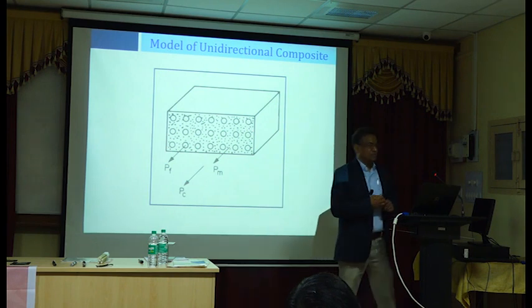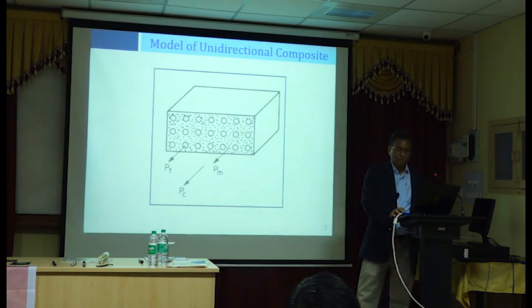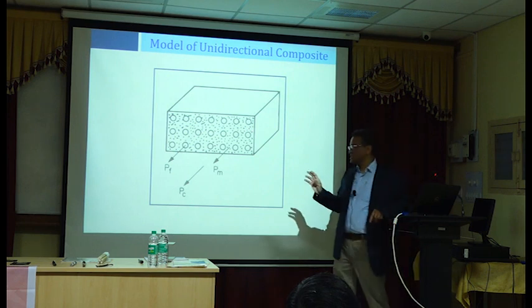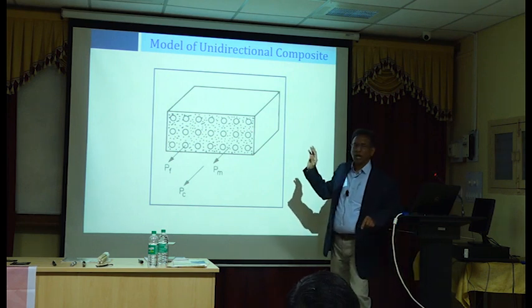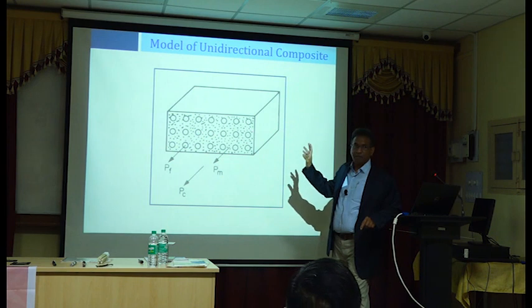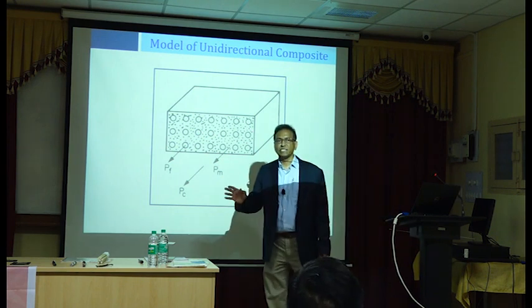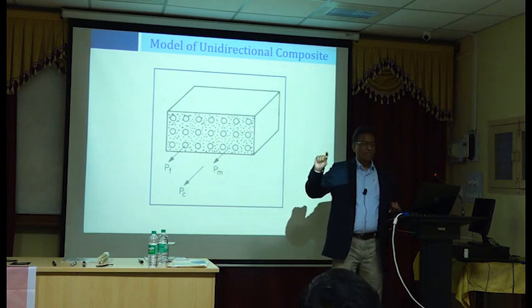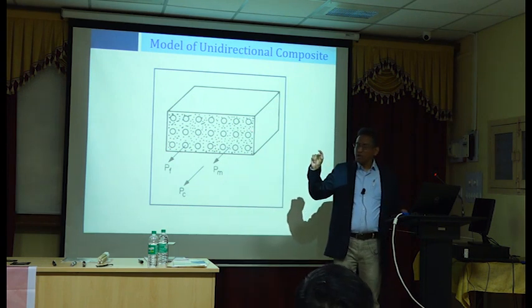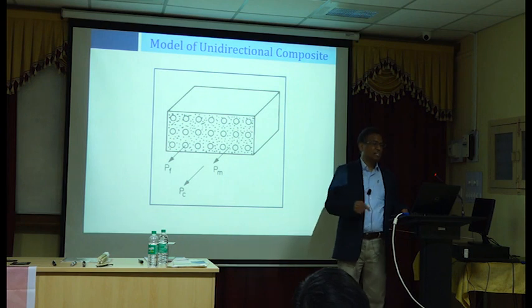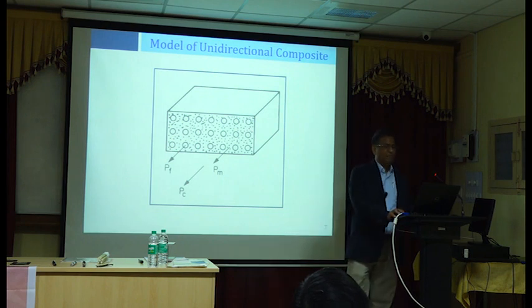So we'll try to find out how much of the force is carried by the matrix, how much of the force is carried by the fiber. That's one of the things we will do. So that way you can actually design your thickness, design the amount of your fiber, volume fraction, and things like that.